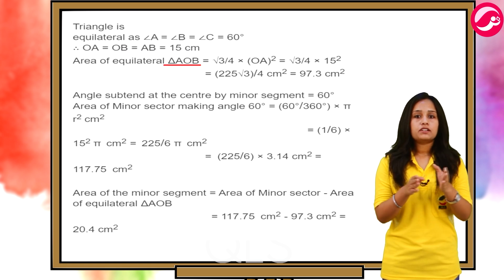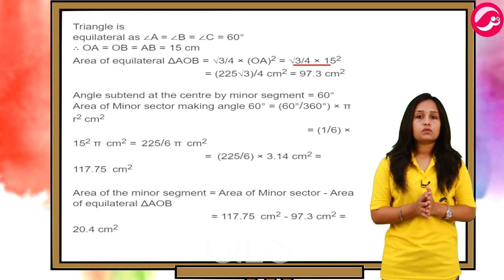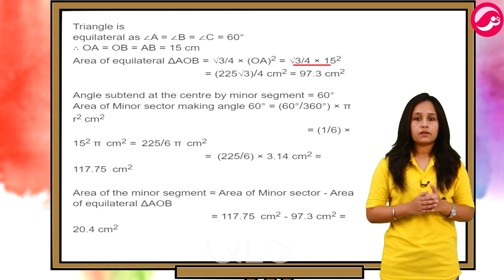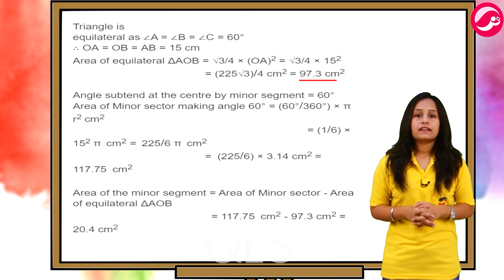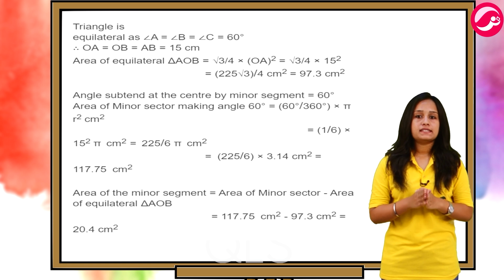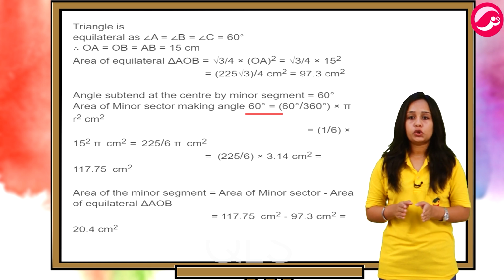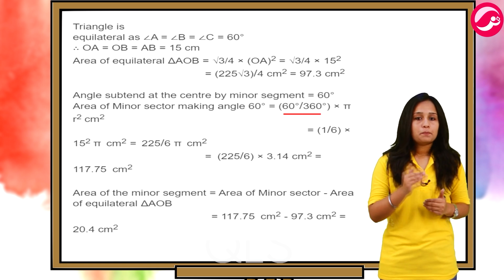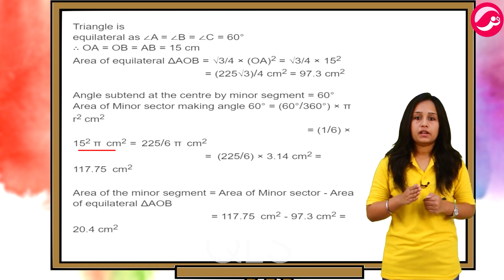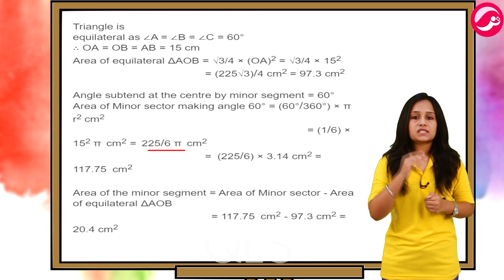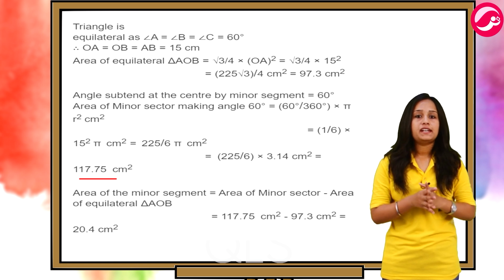Now the area of equilateral triangle AOB is equal to root 3 by 4 into OA square, that is equal to root 3 by 4 into 15 square, which is equal to 97.3 centimeter square. Now the angle subtended at the center by the minor segment is equal to 60 degrees. So the area of the minor sector making angle 60 degrees will be equal to 60 by 360 into pi r square, that is equal to 1 by 6 into pi into 15 square, that is 225 by 6 pi centimeter square or 117.75 centimeter square.